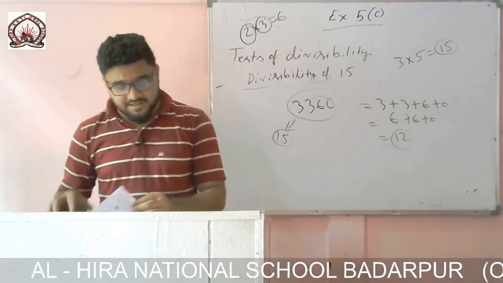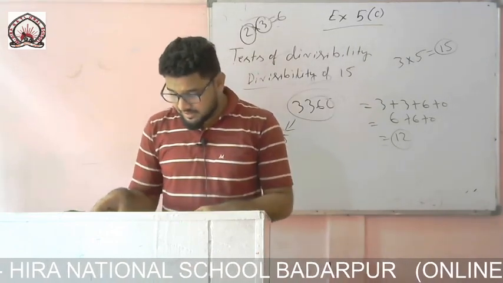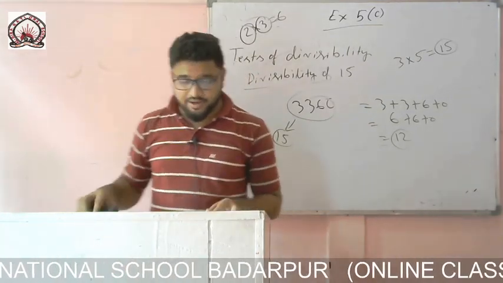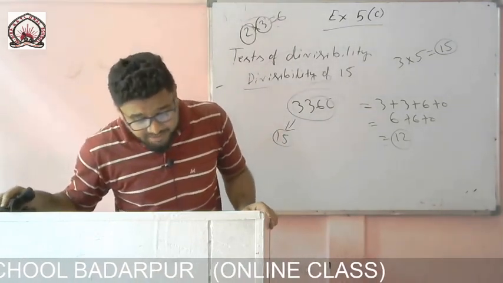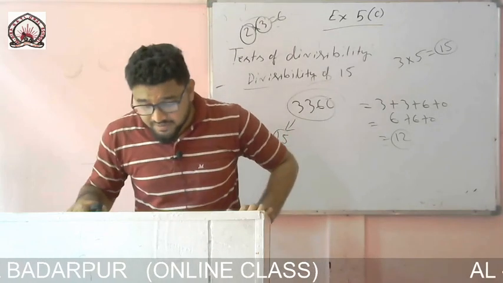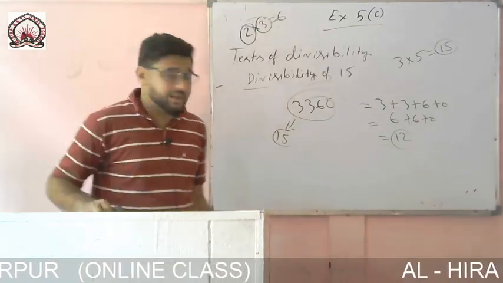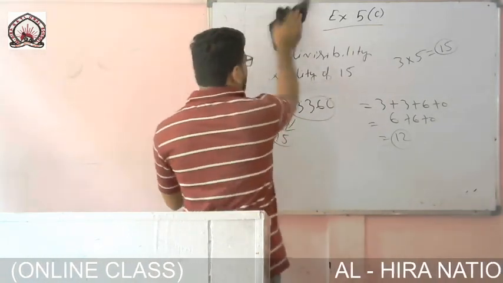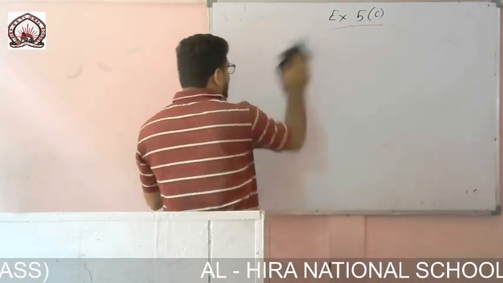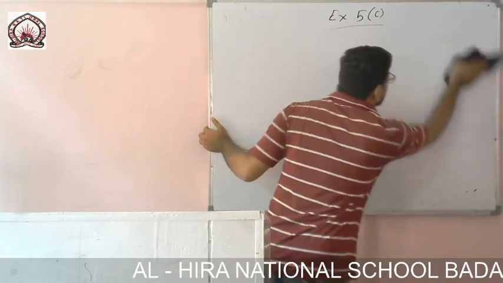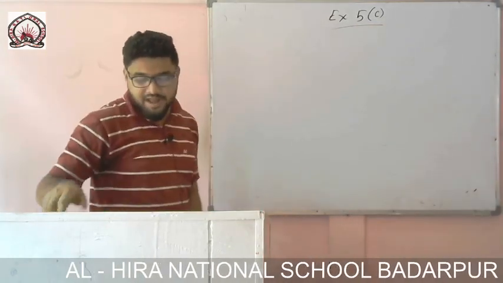Now come to the exercise. Exercise 5C. Okay. Page number 41. So see question number 1. Find the numbers that are divisible by the given numbers 2, 10, 5, 3.